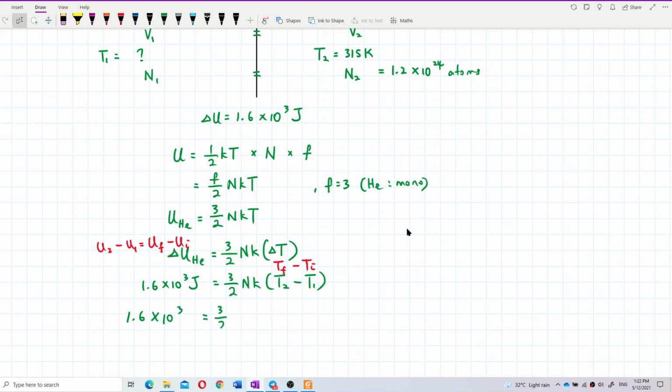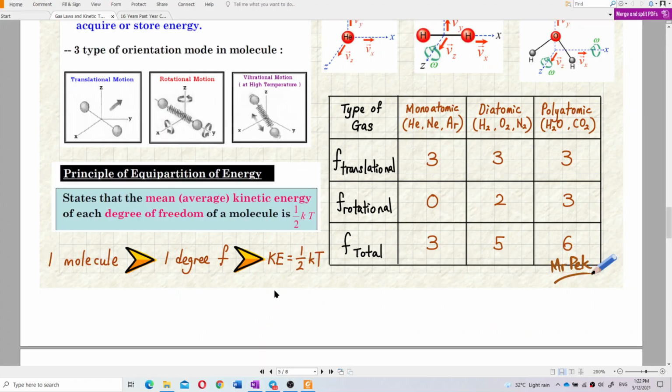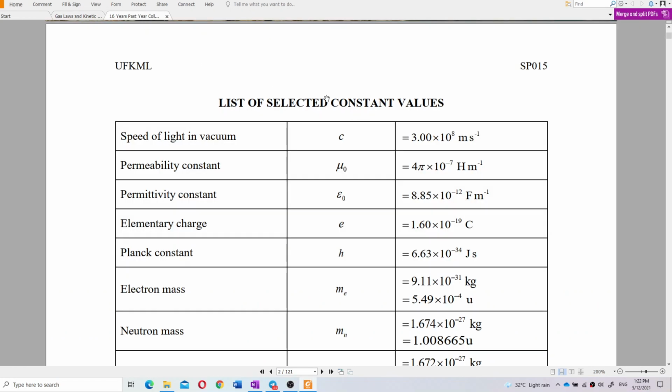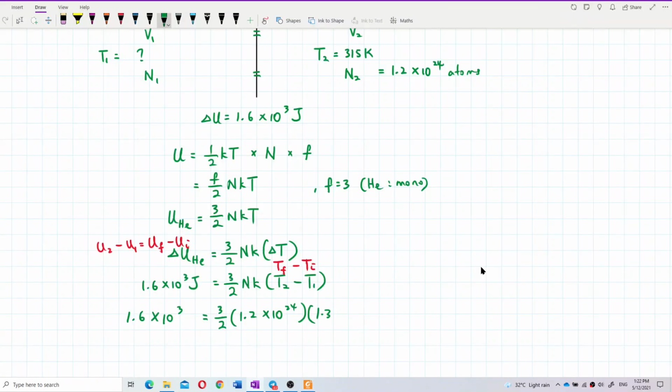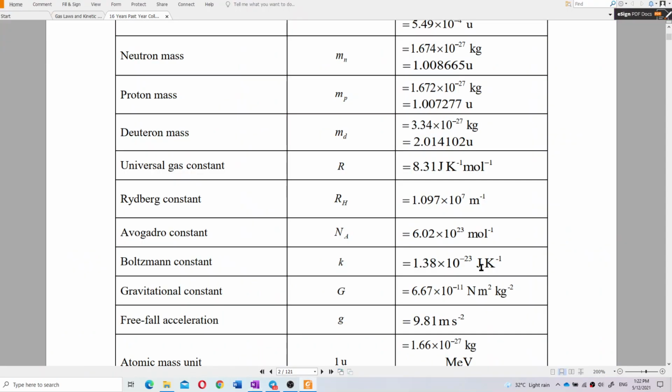Okay, 3 over 2. So total atoms is 1.2 × 10^24. And then what about the k value? The k value we find from our list of constants. The k value is called the Boltzmann constant, which is 1.38 × 10^-23.